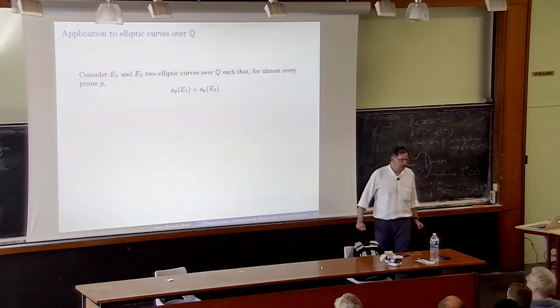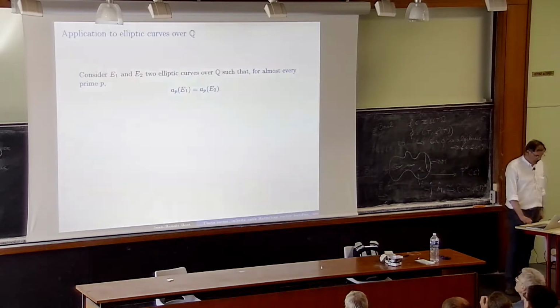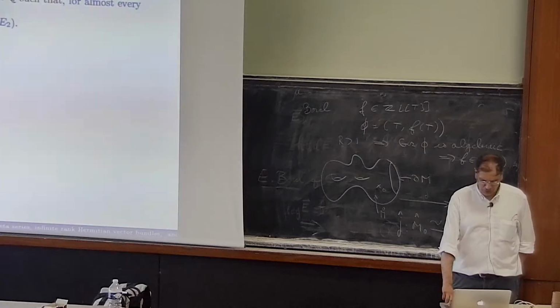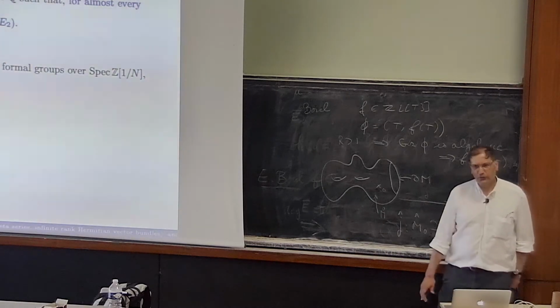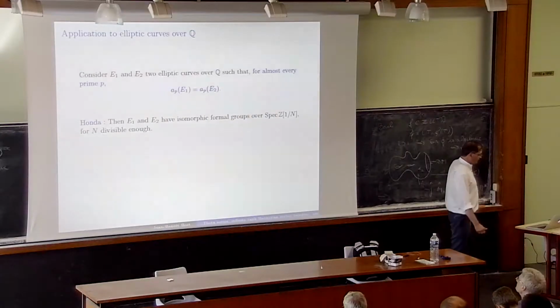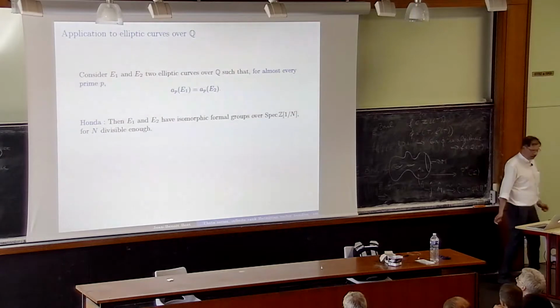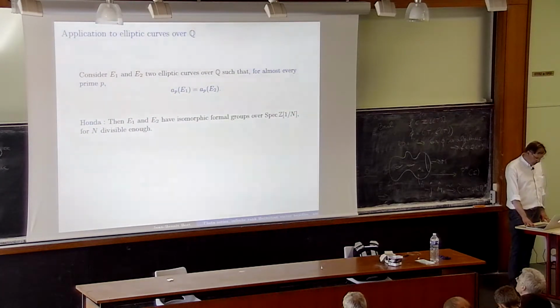If you take two elliptic curves, and it was basically the idea of Chudnovsky, over Q that have the same a_p invariants for almost every p, then it's a classical result in the theory of formal groups that, let's say, over Spec Z[1/N], they have isomorphic formal groups.